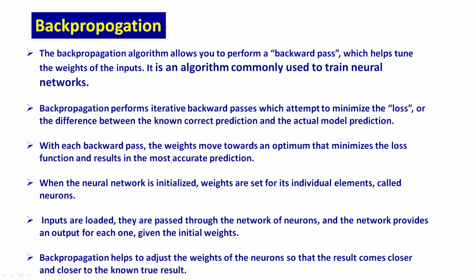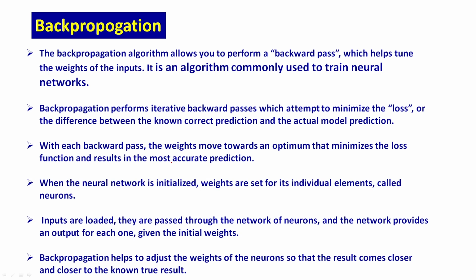Remember that it is not a single step process, it goes on iteratively, and it is used to minimize the loss, or the difference between the known correct predictions and the actual prediction of the model, or rather the predicted value from the model and the actual values. Actual values can come from experiments or from some theoretical calculation.